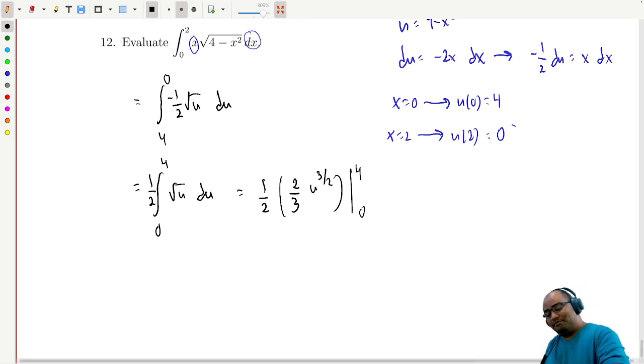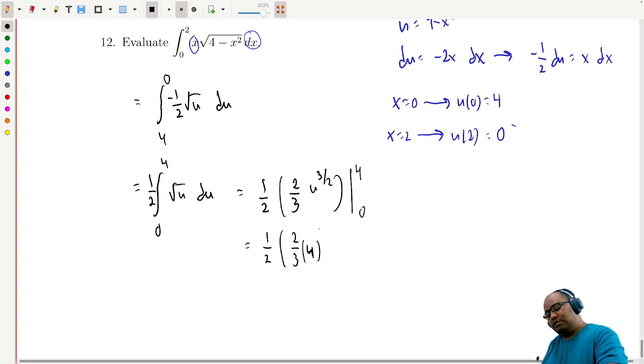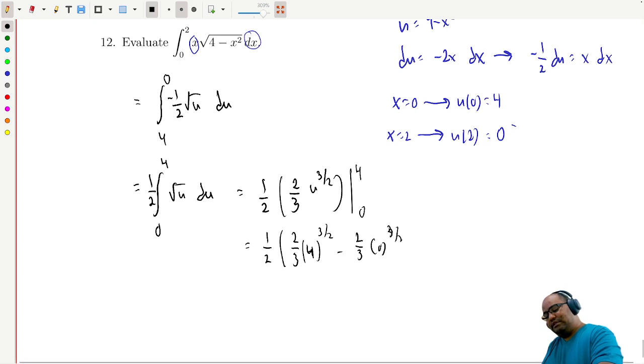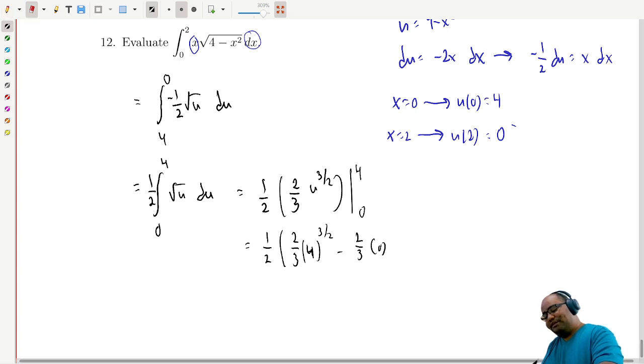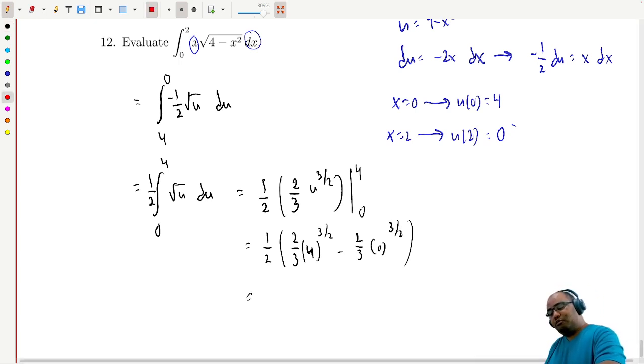That's nice, right? So we'll have 1/2 times 2/3 times 4 to the 3 over 2, minus 2/3 times 0 to the 3 over 2. 0 to the 3 over 2 is 0, so that term will just go away.